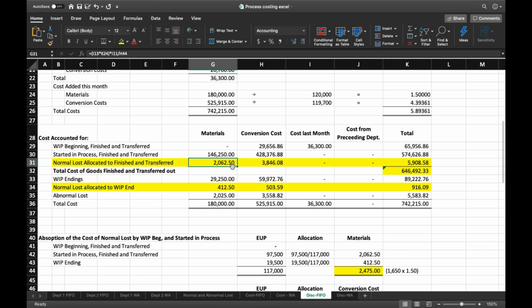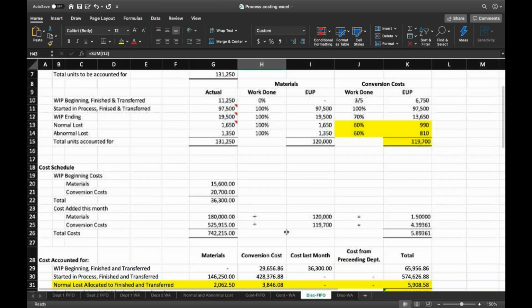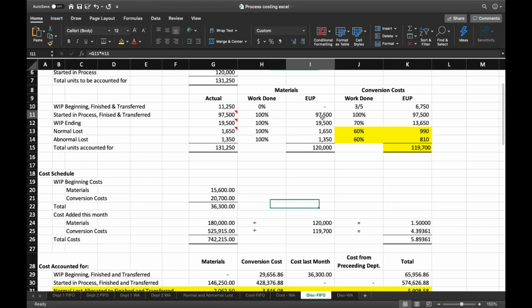For the material cost of the normal loss for work in process end, ganito naman ang gagawin mo, 2,475 times 19,500 divided by 117,000 equals 412. That's the cost of materials of the normal loss allocated to the work in process end. Where did we get 97 and 19.5? Yan yung EUP natin for materials for started in process and work in process end.